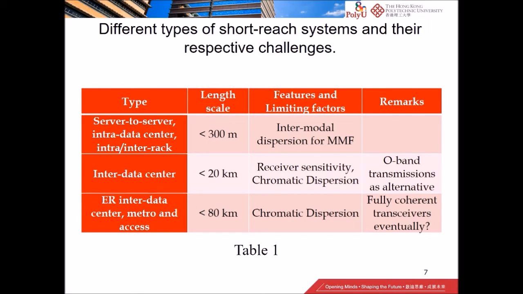For extended reach, for longer inter-data centers, or even approaching metro and access networks, the limiting factor is CD. That's because for those length scales, basically there's no way not to use optical amplifiers. So the receiver sensitivity is not really a concern, but the effect of CD is still something that is not easy to take out.